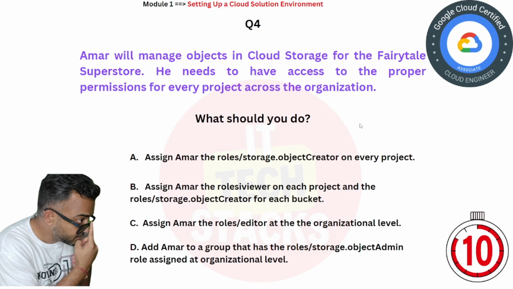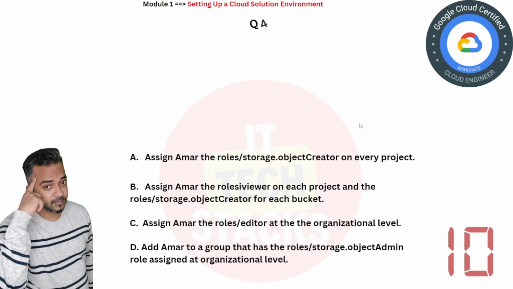Option D, add Amar to a group that has the roles/storage.objectAdmin role assigned at the organization level. So which one is the correct option? He needs access to the proper permissions for every project across the organization. Your time starts now.